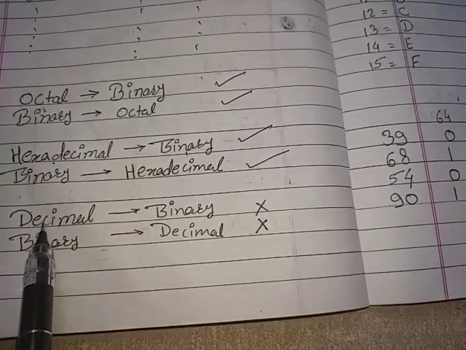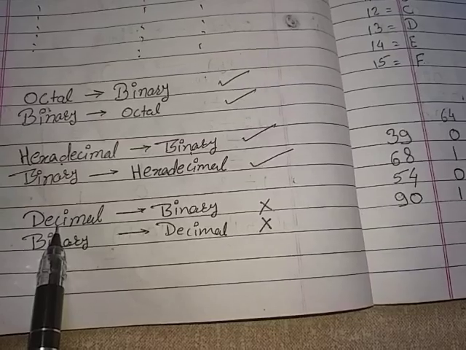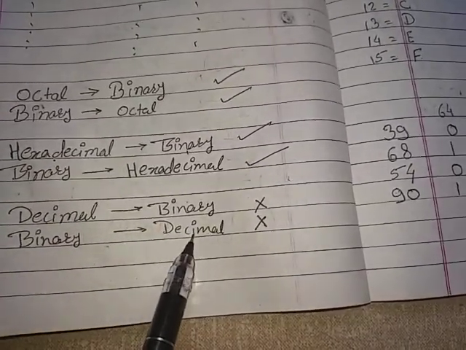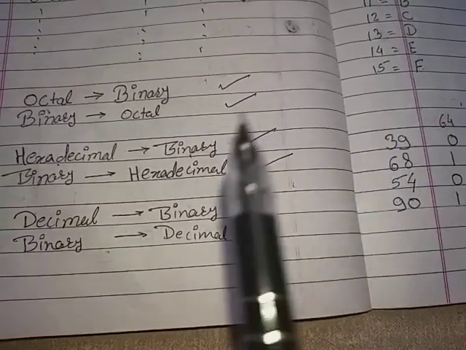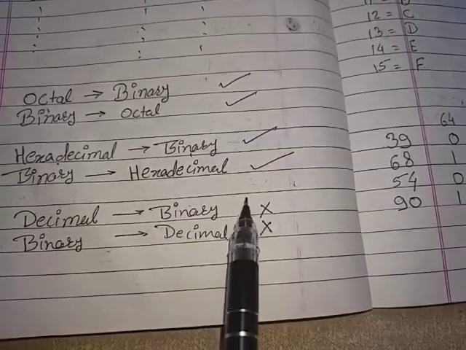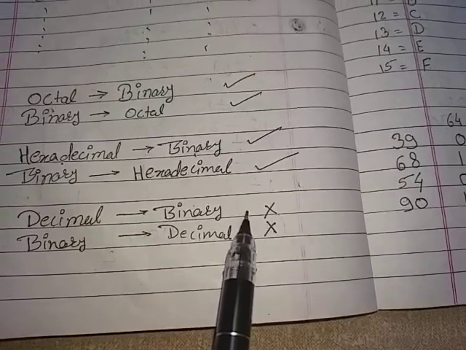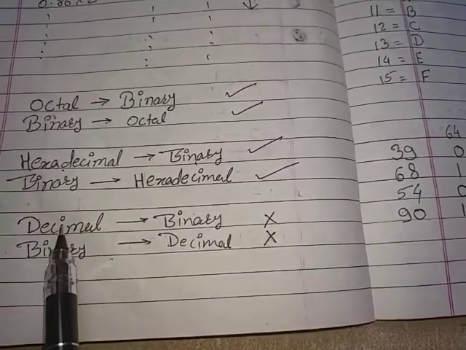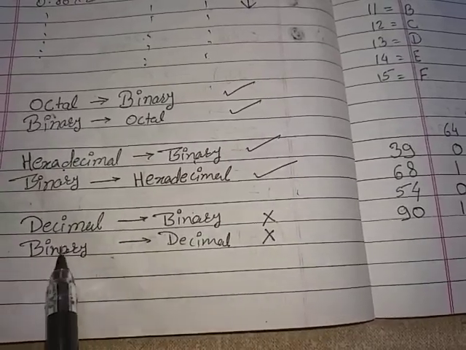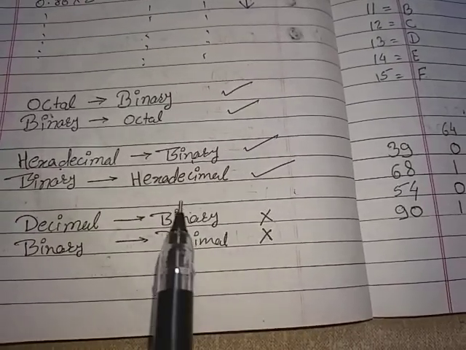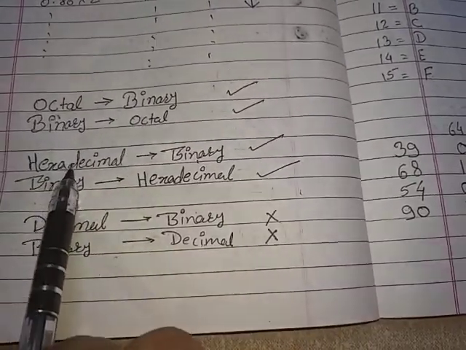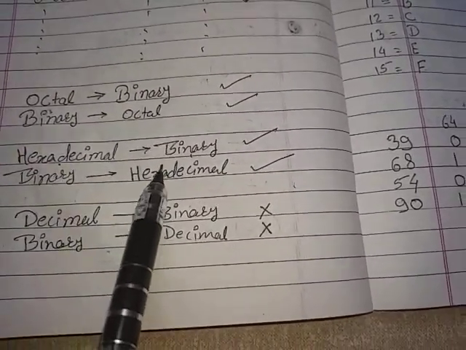But if a question comes in the examination for decimal to binary conversion or binary to decimal conversion, you will not use this short trick. You can use this short trick to cross check your answer, but to solve a question you will not use it for converting decimal to binary or binary to decimal. You can use this short trick to convert octal to binary, binary to octal, hexadecimal to binary, binary to hexadecimal.